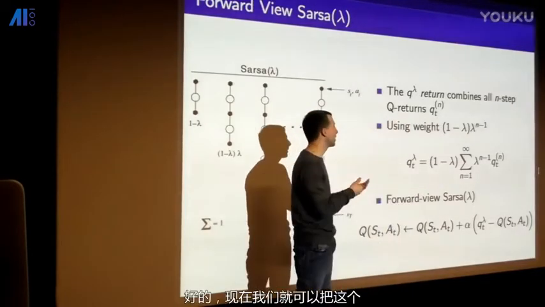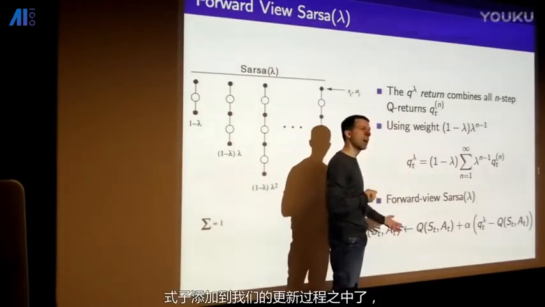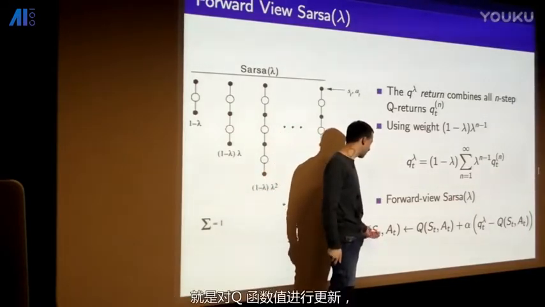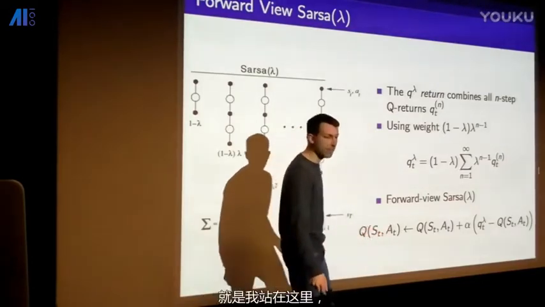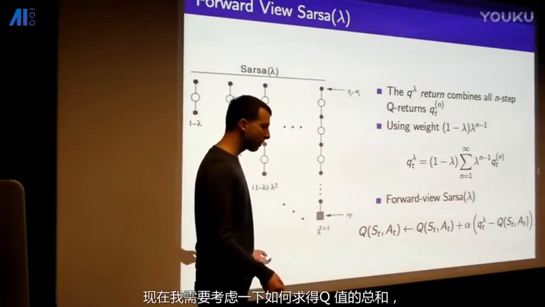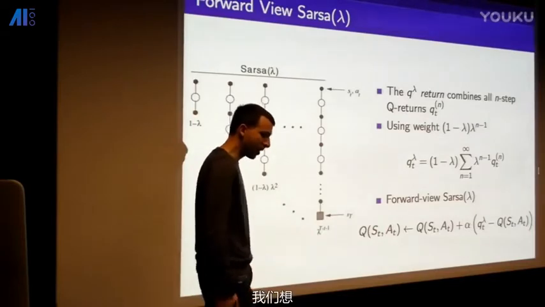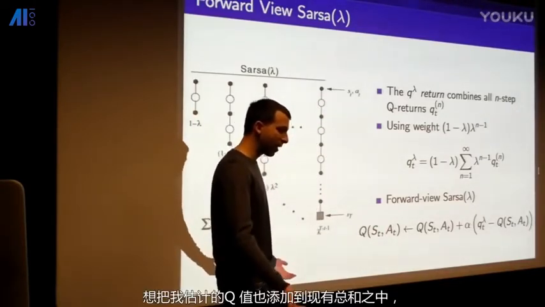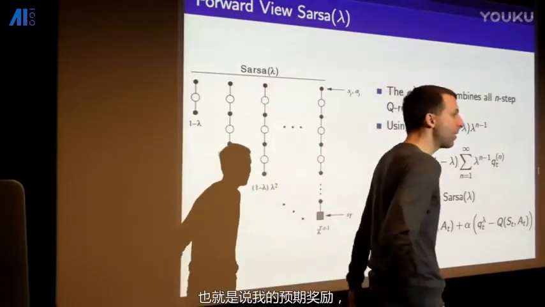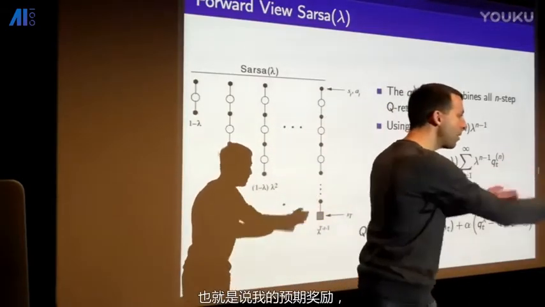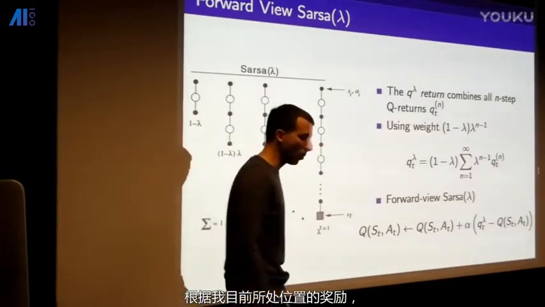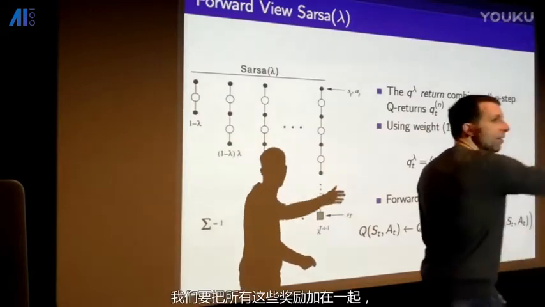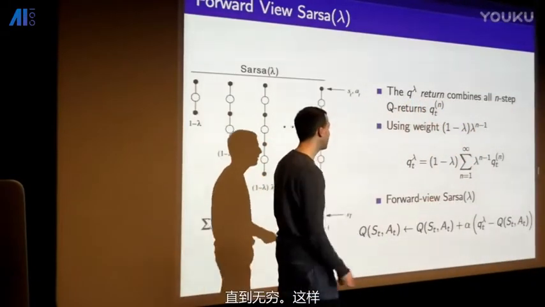Now we can plug this right into our update. I update my Q value: I start over here and consider a weighted sum for this Q value. I want to know how good it is to take this action. I consider a weighted sum that takes account of my reward plus my Q value from here, but also my reward plus my next reward plus my Q value from there onwards. We weight all of these together, all the way up to n equals infinity.